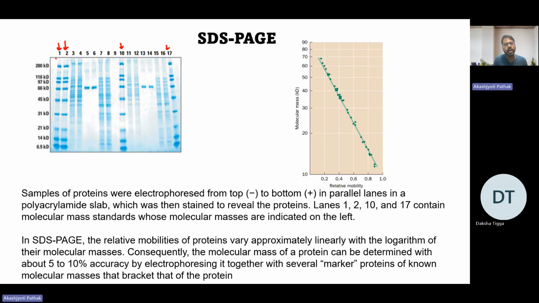Now, how will you get the absolute molecular weight of a protein? By plotting the molecular mass versus the relative mobility. We will discuss this in the upcoming slide, so no need to get confused. Let's go one by one.